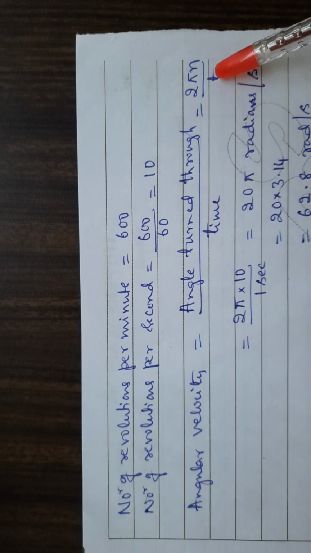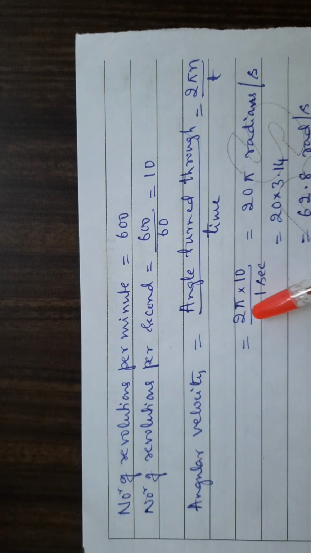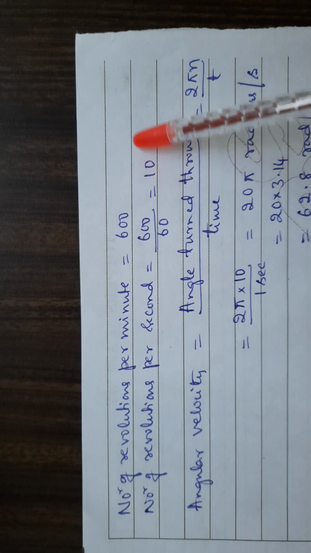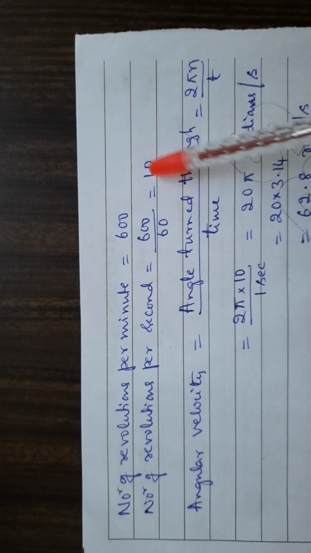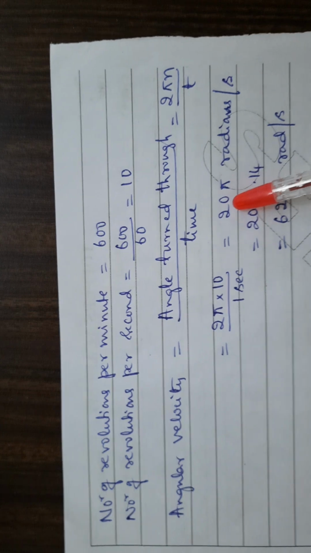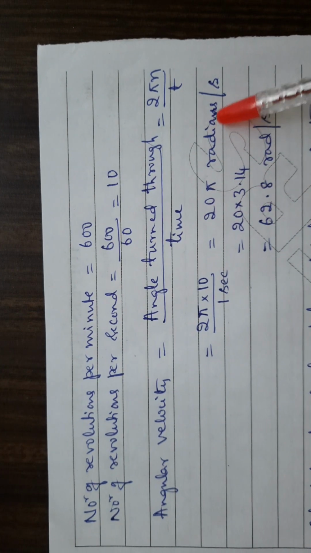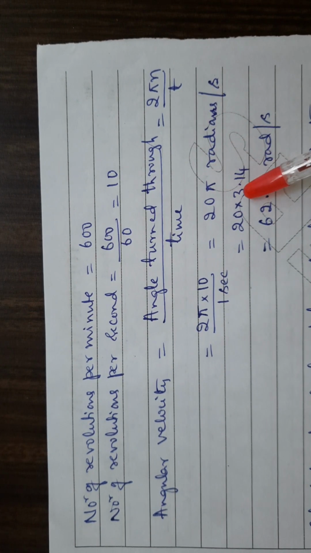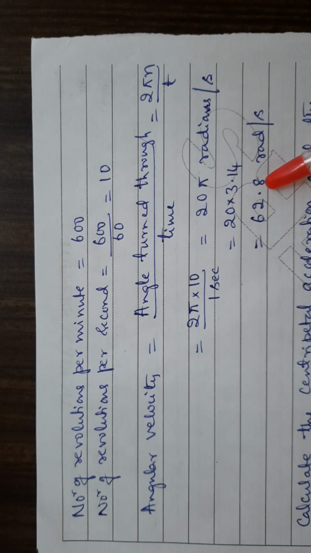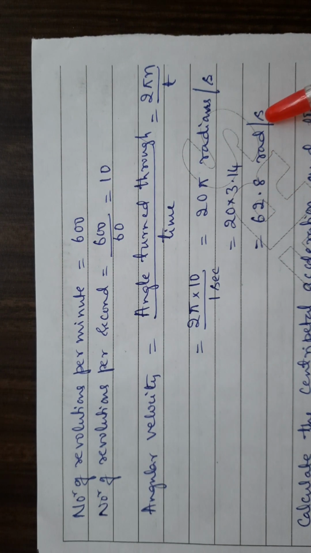The time taken for that is equal to t. Therefore, it is 2 pi into number of revolutions per second, which is 10. Therefore, I will take n is equal to 10 here divided by this 1 second. Therefore, you are going to get 20 pi radians per second, where pi is equal to 3.14, and hence you are going to get 62.8 radian per second.